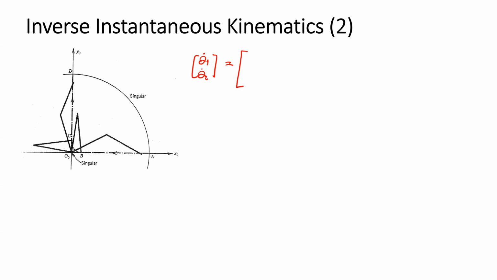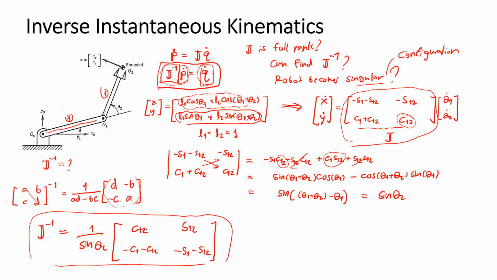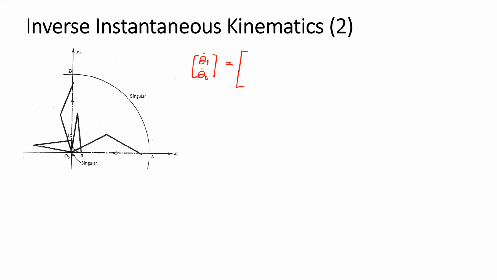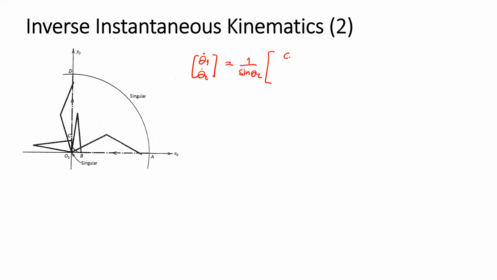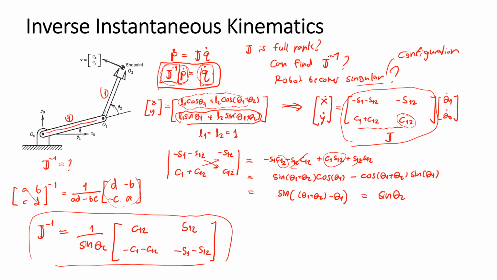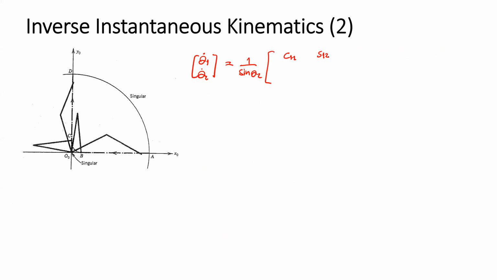The inverse Jacobian is 1 per sin theta 2, with C12 S12 and minus C1 minus C12, minus S1 minus S12.